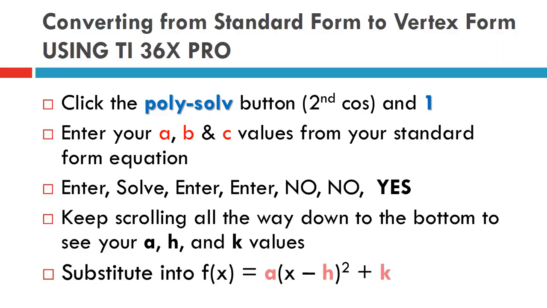And then you'll press enter, and then solve, enter, and you want to make sure it's on yes before you press enter again. Then you scroll all the way down to the bottom to see your a, h, and k values. And then once you have that, you just plug that into the vertex form of the equation, and you're done.